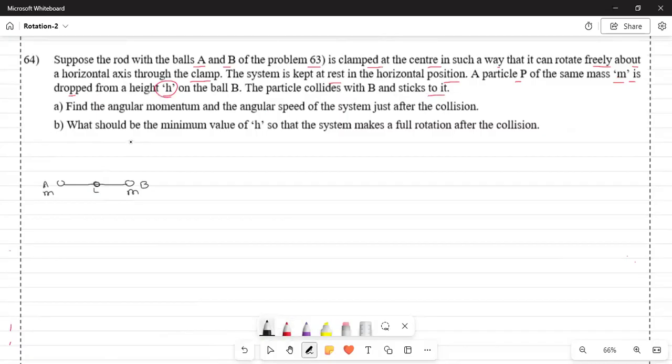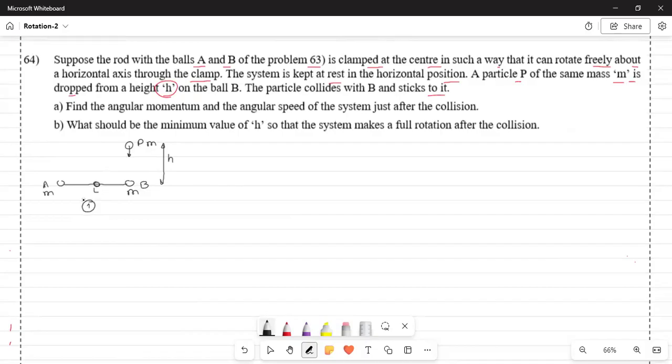That means a particle P of the same mass M was at a height h. It drops from here and then sticks to it. This is position number one.